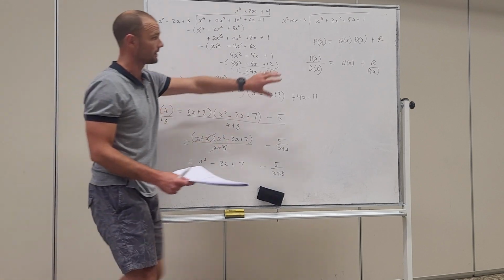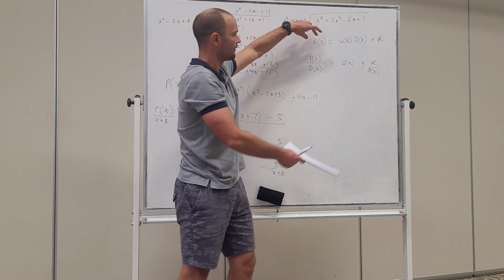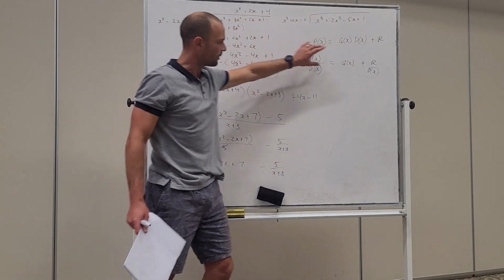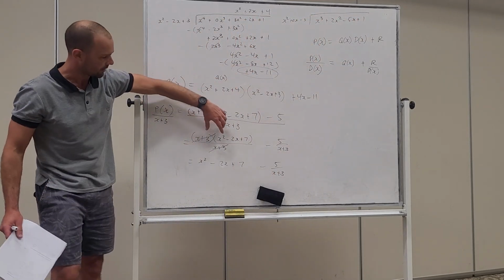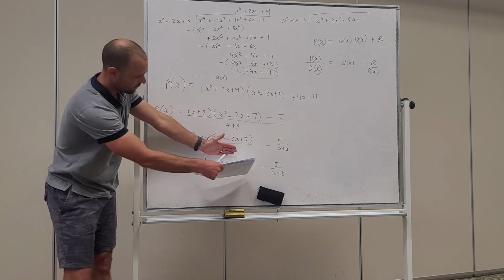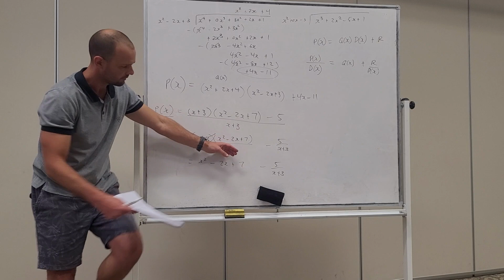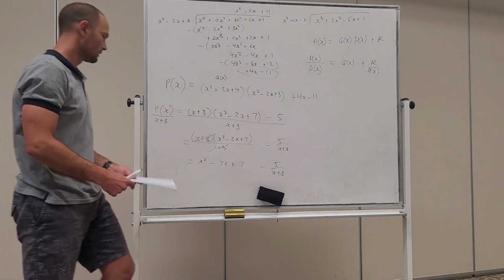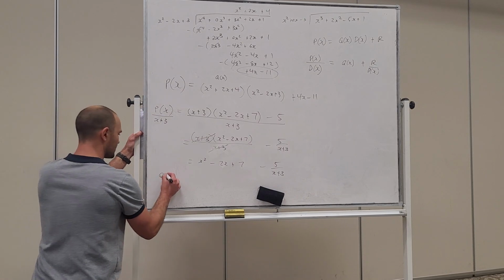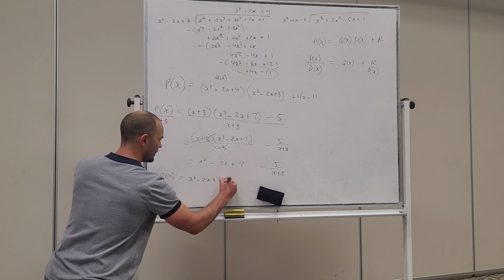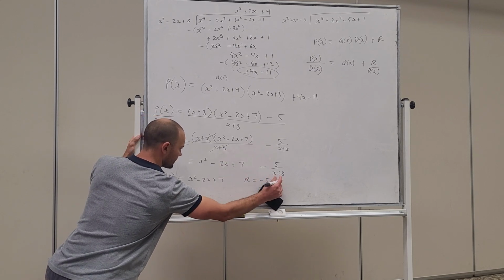So based off of this logic here, we saw if we have a polynomial, we can write it like that. We divide both sides by d of x. Over here we divided both sides by x plus 3. This is our quotient. This is our remainder. This is the divisor. So the quotient is x squared take 2x plus 7, and the remainder is minus 5.